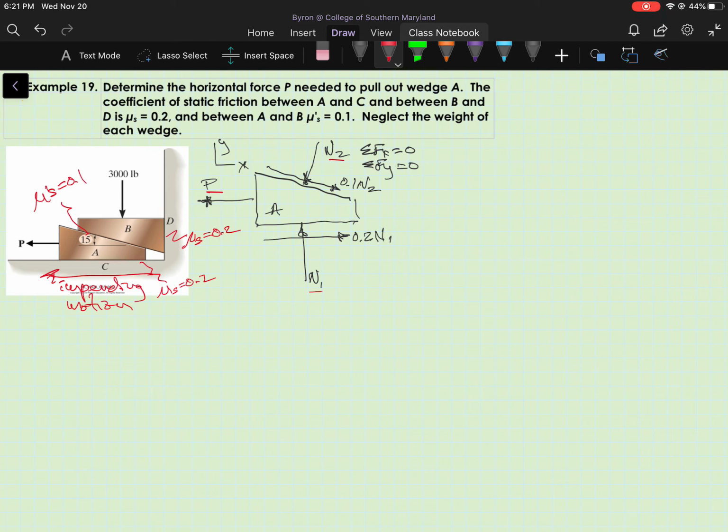So I will draw a free body diagram of the wedge B. I'll call that B. Show the 3,000 pounds acting on it.